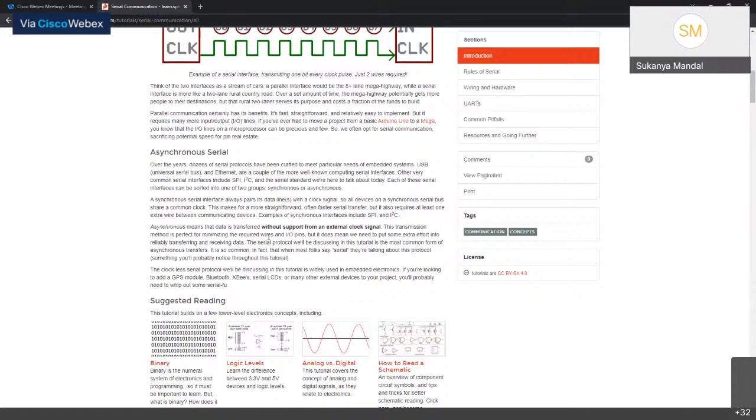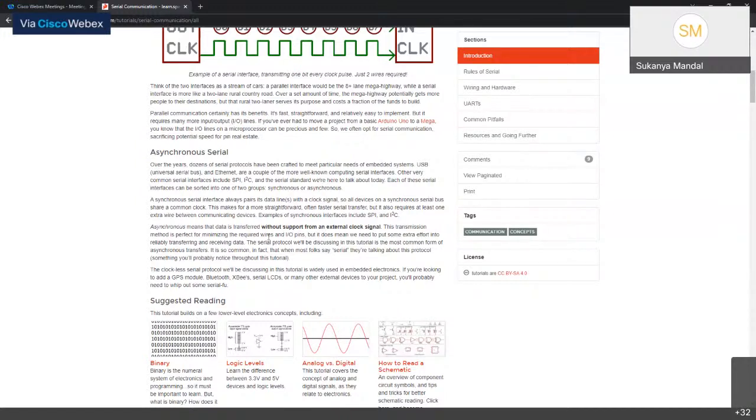Whereas in asynchronous communication, the data is transferred without the support of an external clock signal, which means the transmission method is perfect for minimizing the required wires, as there are no clock signals to be synced upon.